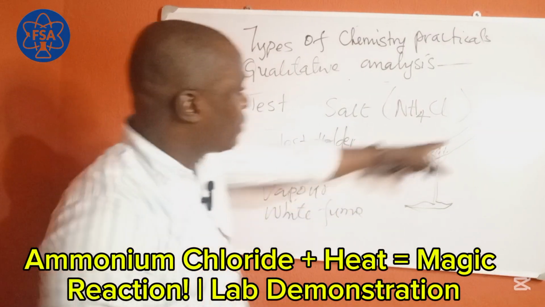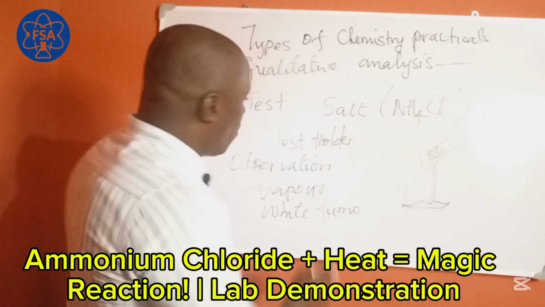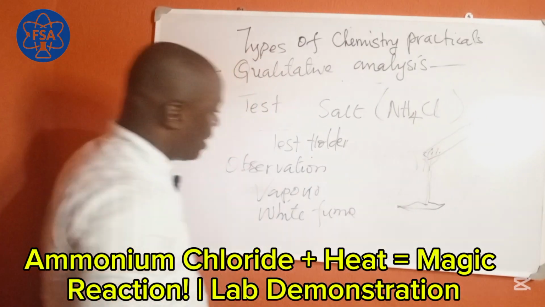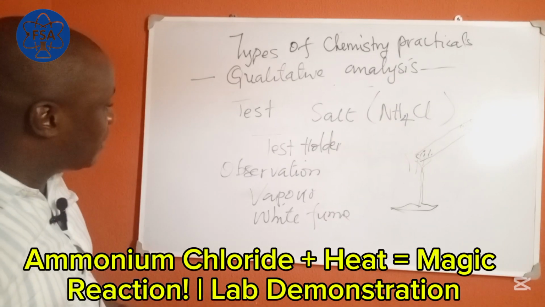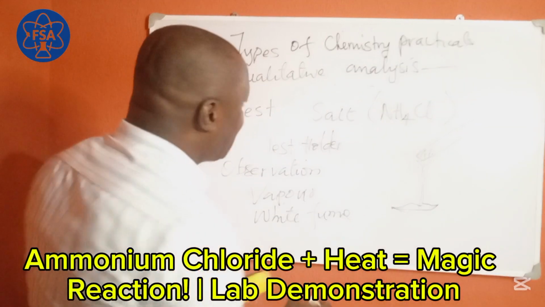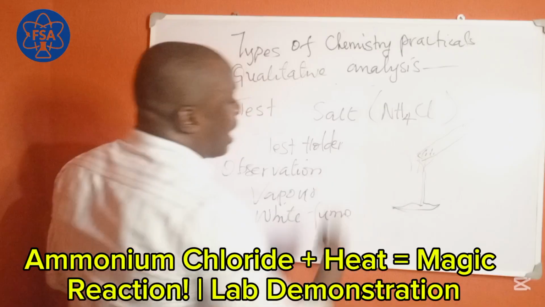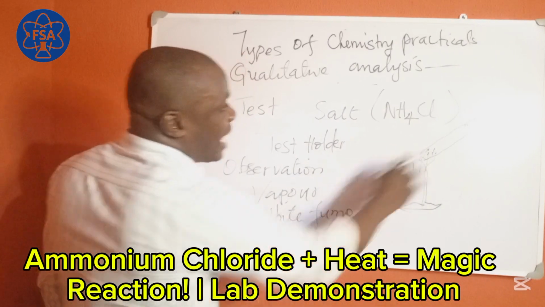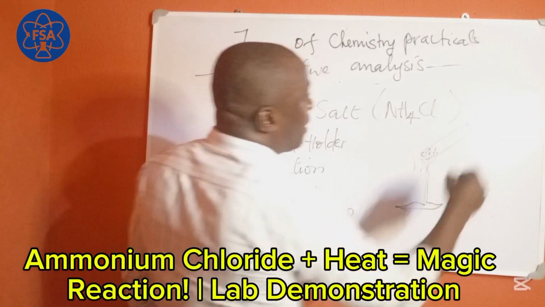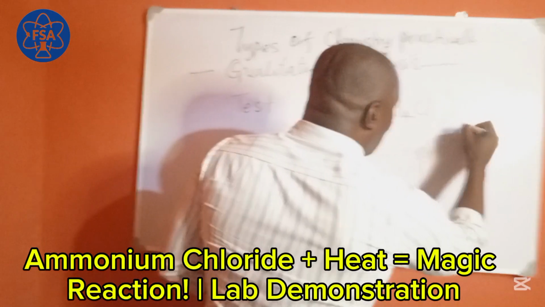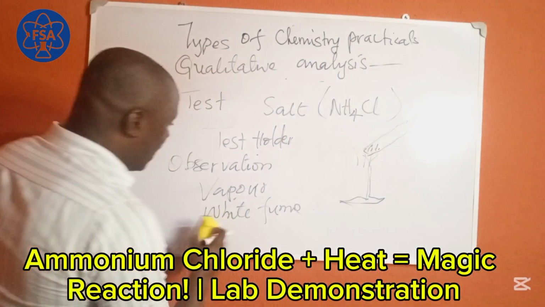This will settle at this particular location. What you are observing at this moment is that ammonia is the gas you are going to observe here. What is settling at this point is ammonia gas.